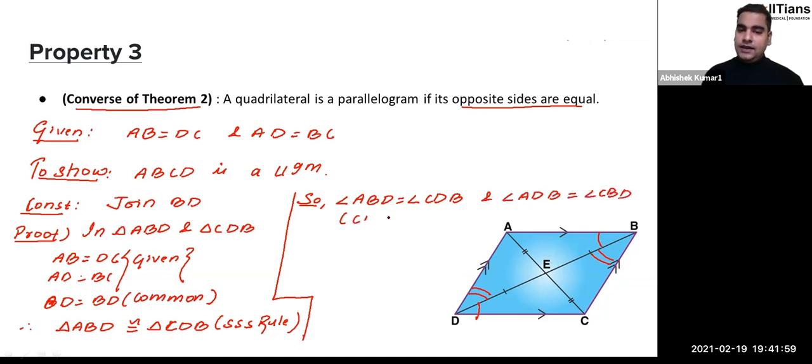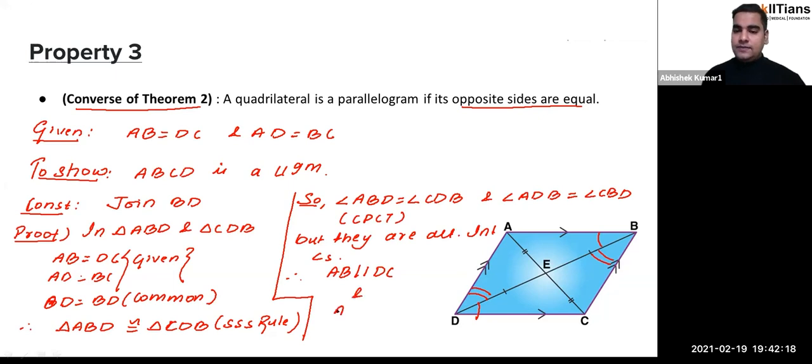But they are alternate interior angles, right? And because the alternate interior angles are equal, you can say AB is parallel to DC and AD is parallel to BC.